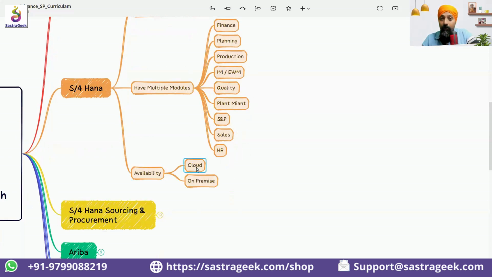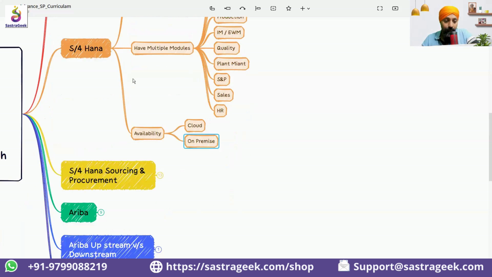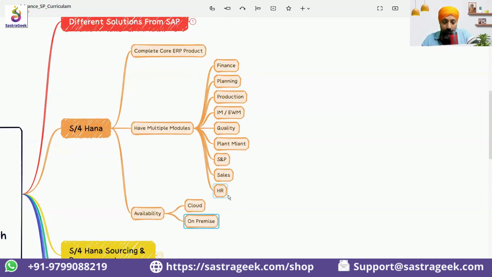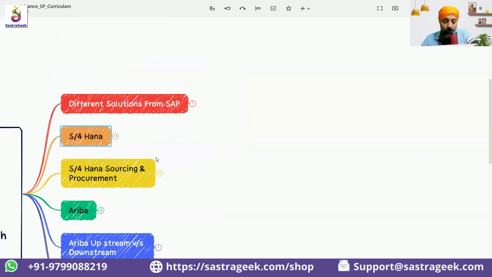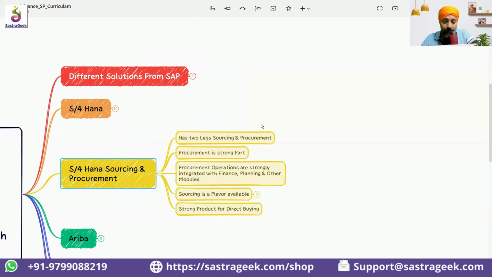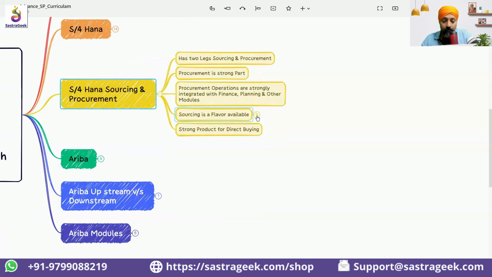This is available on cloud and it's also available on premise. So S/4HANA has all of these functions and features, which different consultants help businesses implement. One of the key things we have talked about is sourcing and procurement. It has sourcing and also has procurement.